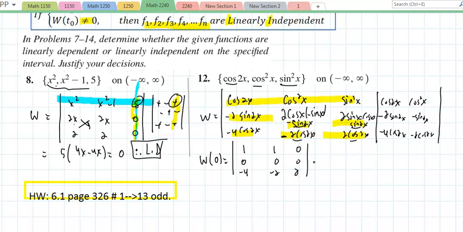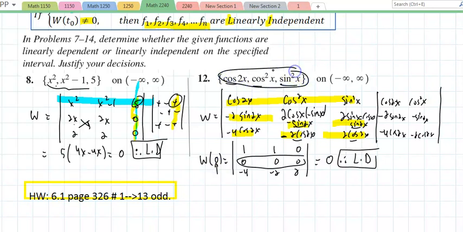Isn't that much simpler? And if one of the rows is 0, doesn't that guarantee that this Wronskian is going to be 0, therefore they are linearly dependent? Just be careful with this, not to overdo it. It can't make the initial all 0, and then you'll be okay.